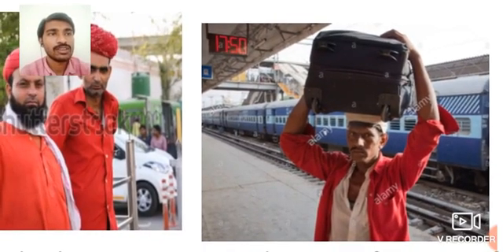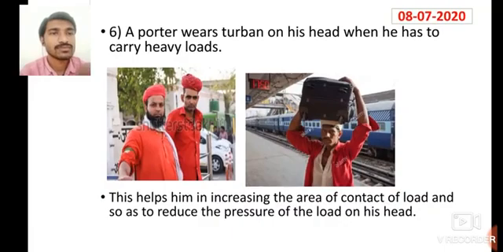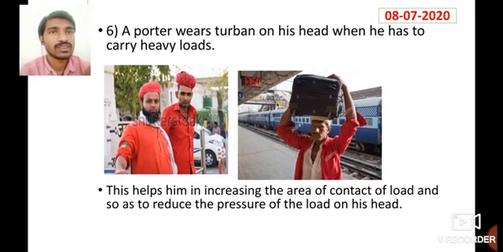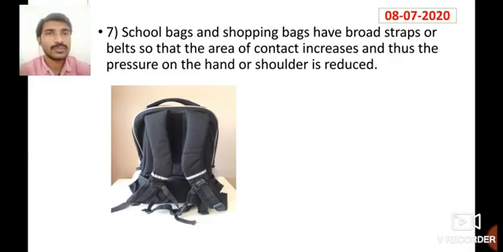On that turban he is carrying a heavy load. This is the reason why the turban is worn. Why is it worn? Because it reduces the pressure of the load. So let us go for the next example.